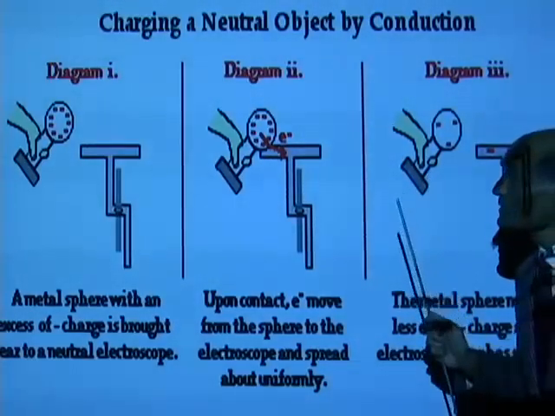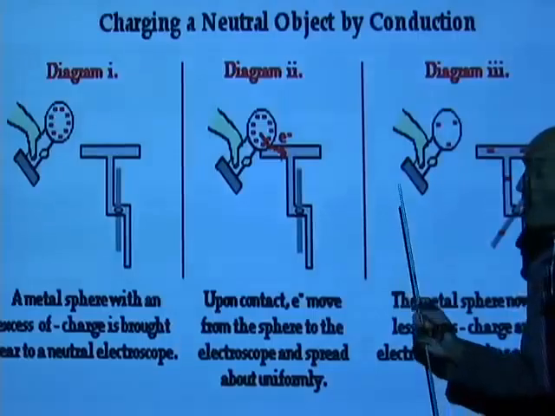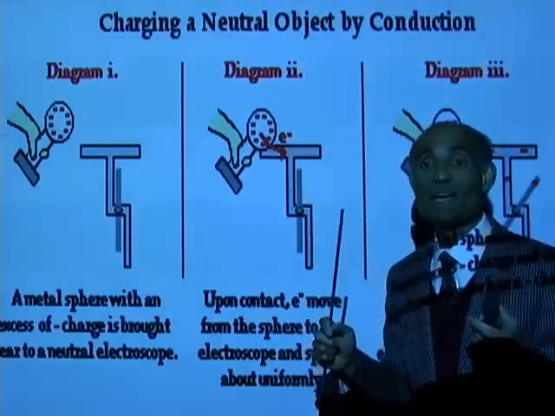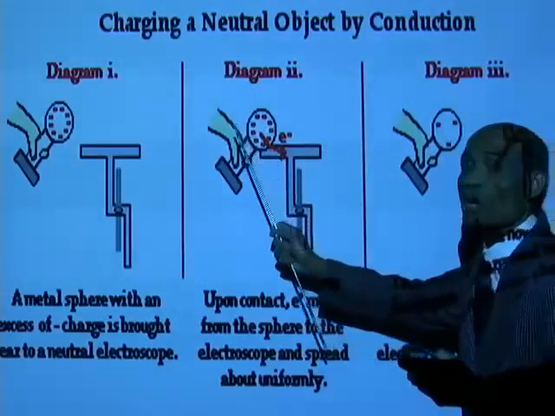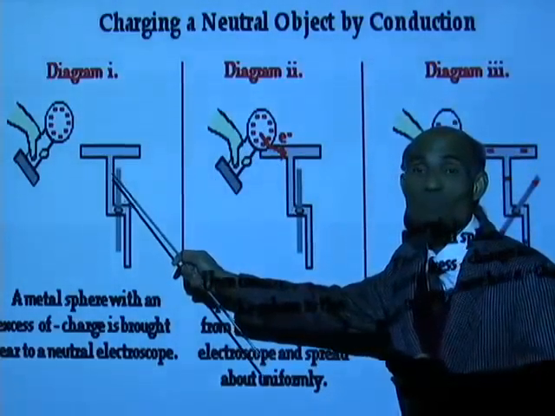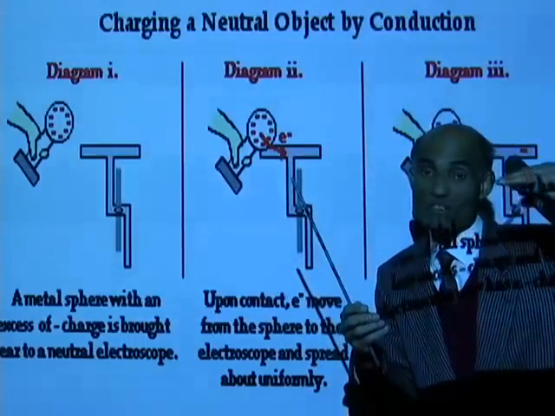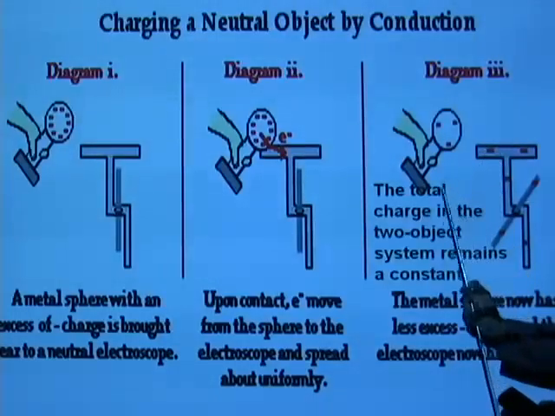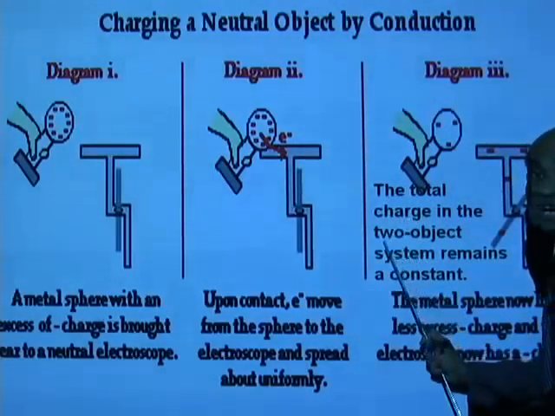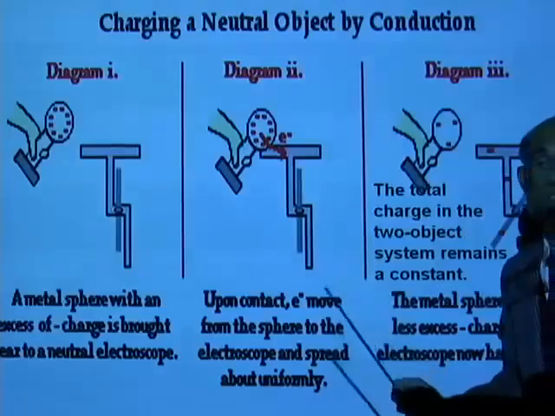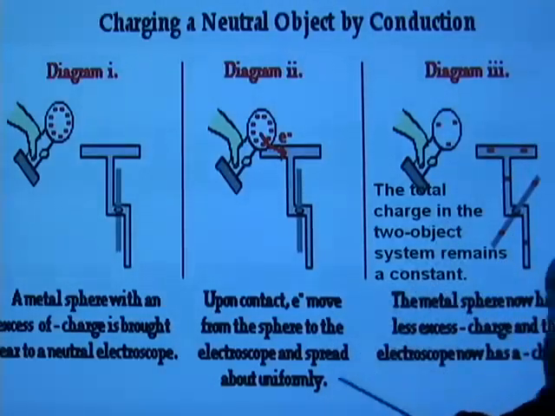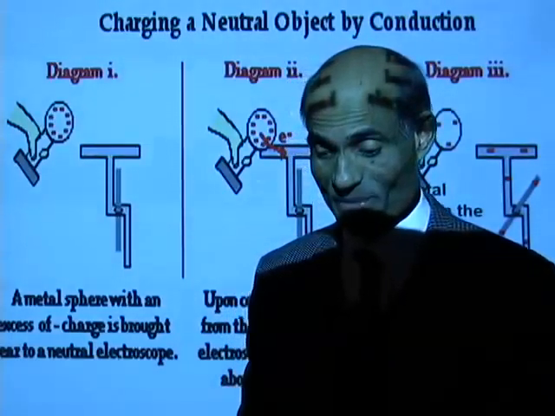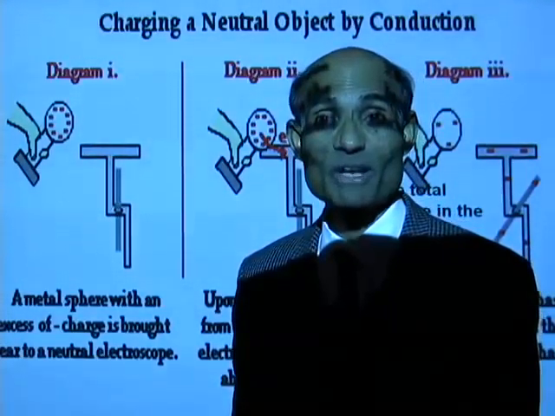Now, what is the phenomenon that happened here? The phenomenon is sharing of charges. By making a charged object in contact with a neutral object, the charges from the charged object got shared. But the total amount of charge in the two object system will not change. The total amount of charge remains a constant. That's something that you should not forget.